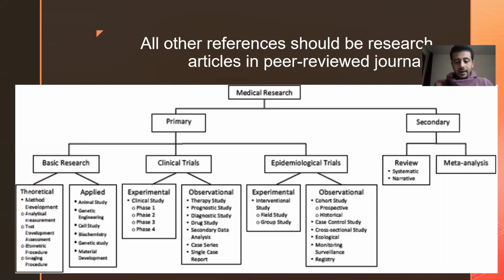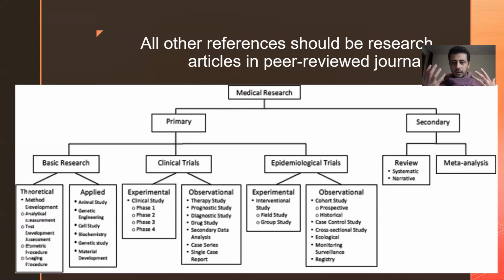Otherwise, in all the other cases, it is better to cite a peer-reviewed paper in a peer-reviewed journal. Okay, but when we are talking about papers, we didn't go into details. We didn't talk about how many types of papers we have.